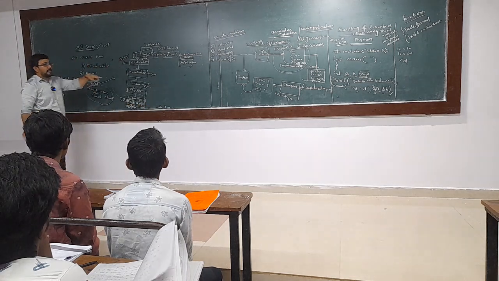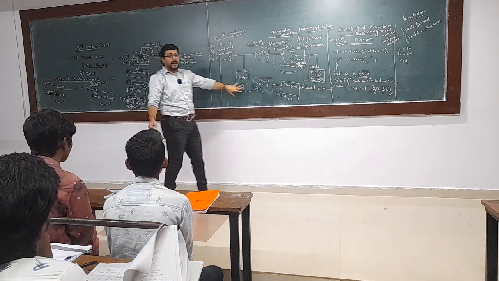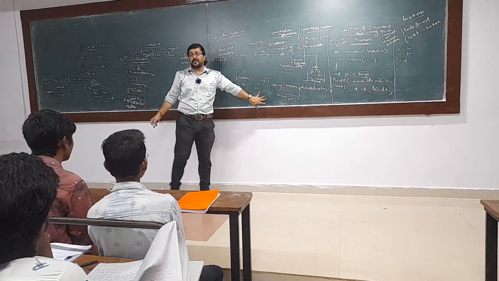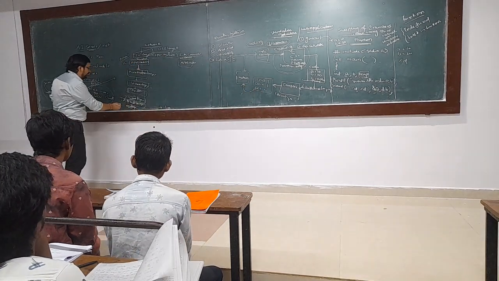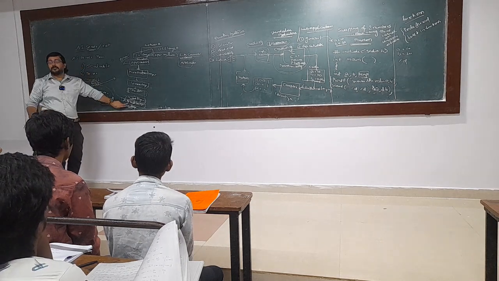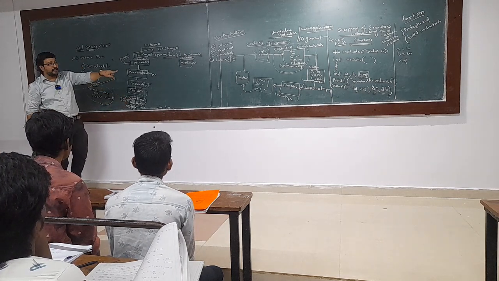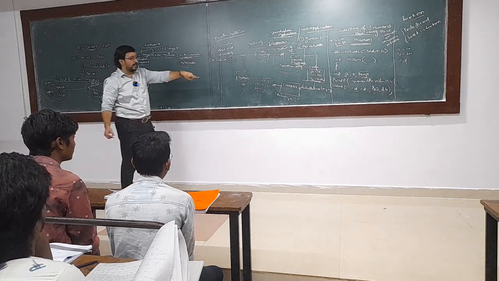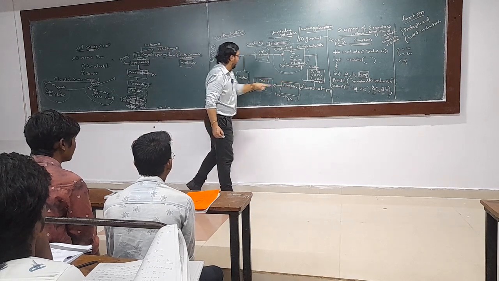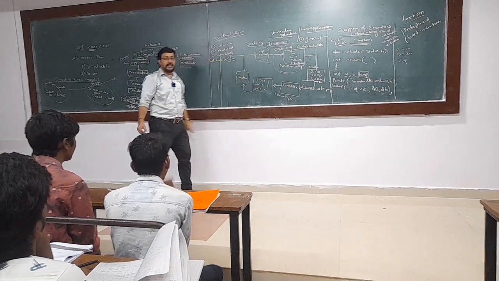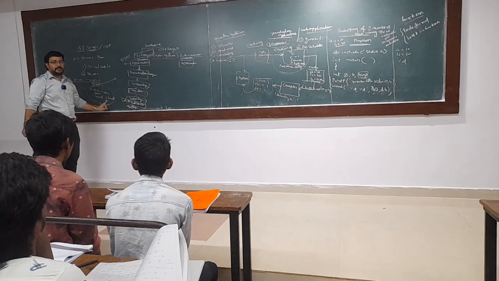Here the language is understood in binary code, in the form of bits, zeros and ones. This is taken care of by the physical layer. Whatever the instruction said, the compiler converting from this code to this is taken care of by which layer? Physical layer.